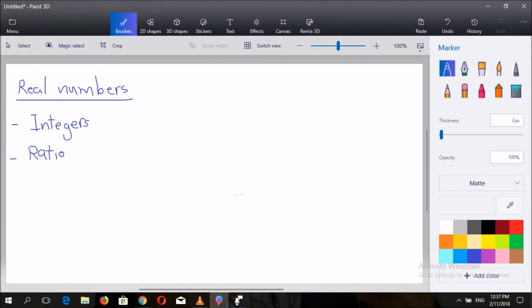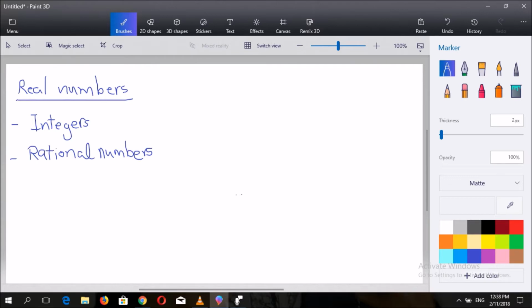What other type of numbers have we covered as well? We have talked about something called the rational numbers, and we said that these rational numbers are also called, in some textbooks, decimals.